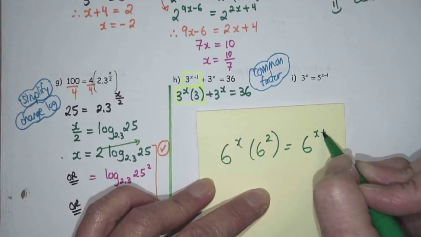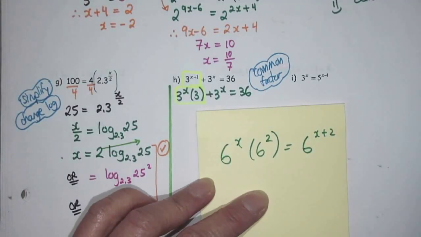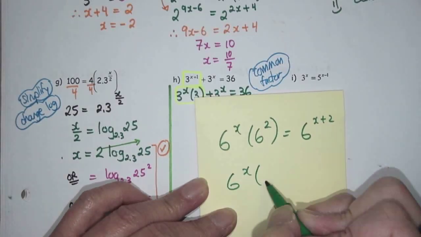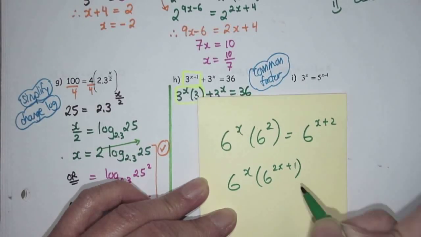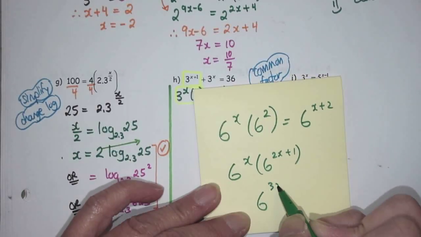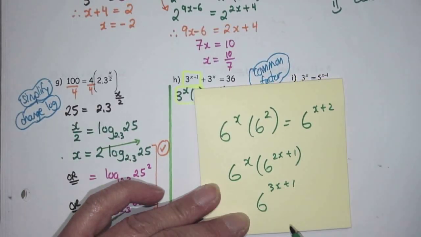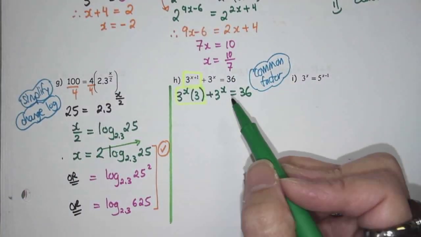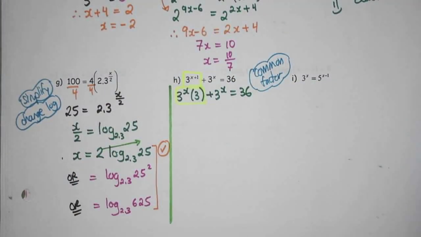You go 6 to the x plus 2. So we did a bit of that last year. We were doing combining, and I gave you variables on the top. Or I would say 6 to the x and 6 to the 2x plus 1. You go, oh, okay, I add them, so it'll be 3x plus 1. So we did that last year, right? We would do this stuff, but we didn't do backwards. So now we're going backwards.